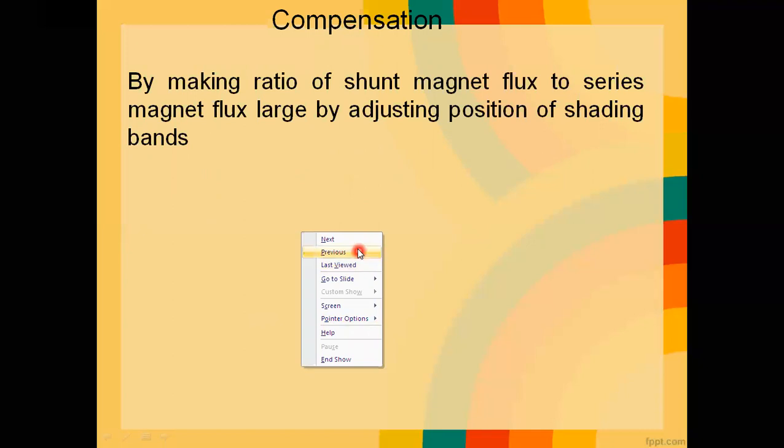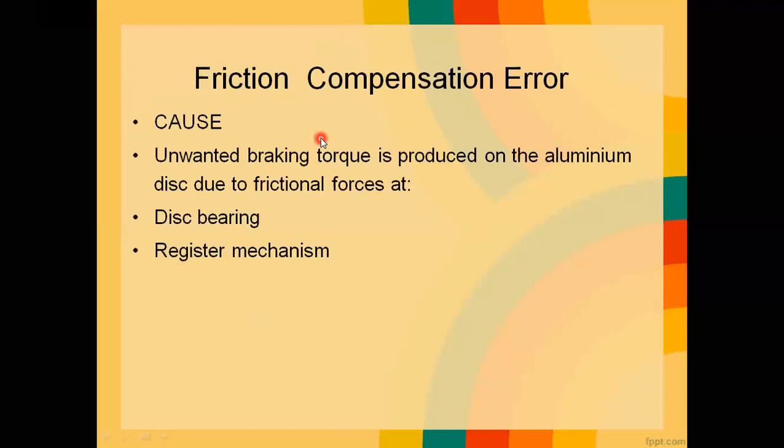Though our moving system is light, still we can have some friction at the disc bearing and register mechanism. So unwanted braking torque is produced on the aluminum disc due to frictional forces at these two places. Hence we have friction compensation error.